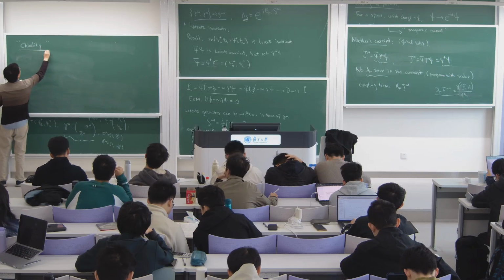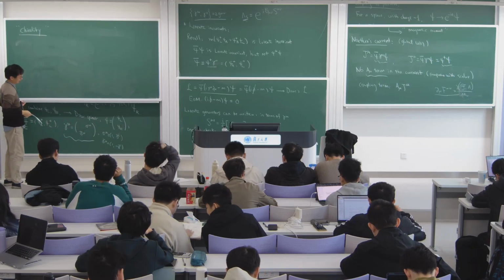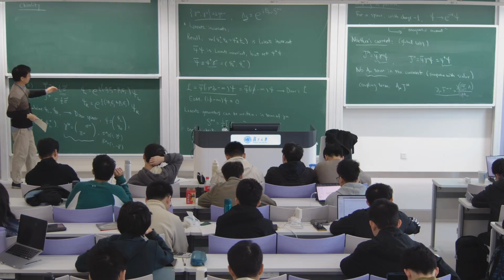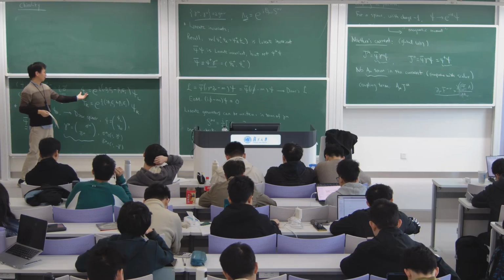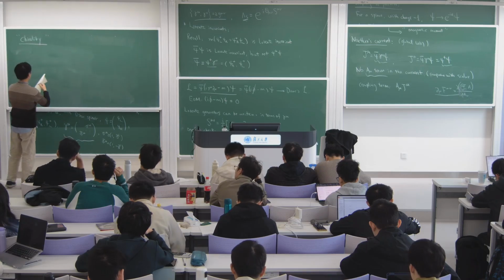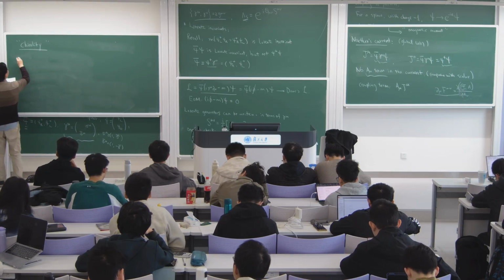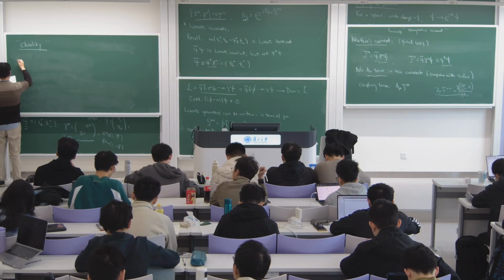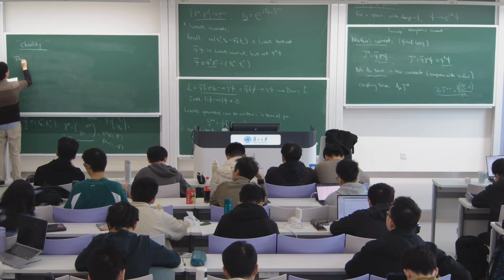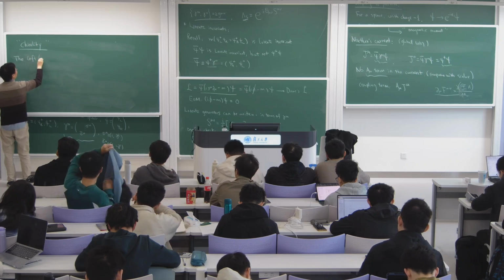So we define the chirality because of this. It seems that there is a reducible property. Left transforms among themselves and right transforms among themselves. So we classify these two groups, we define the left handedness and right handedness as the chirality.